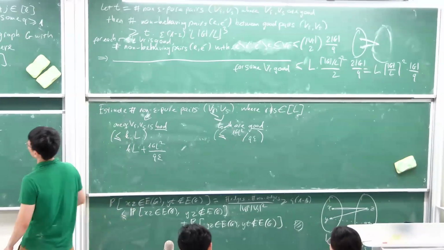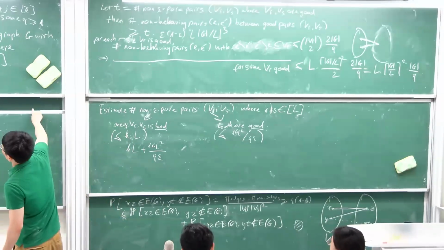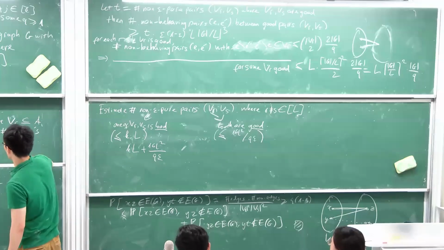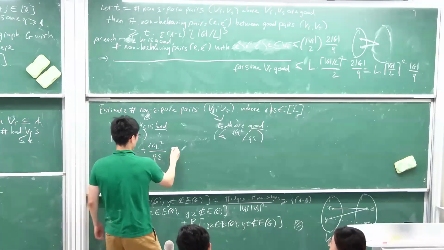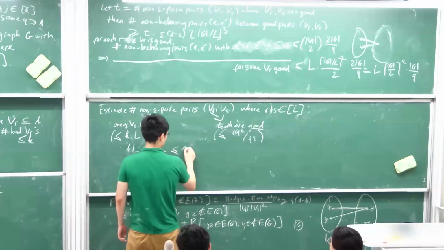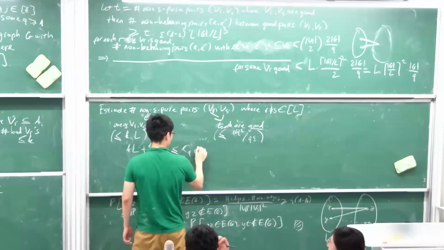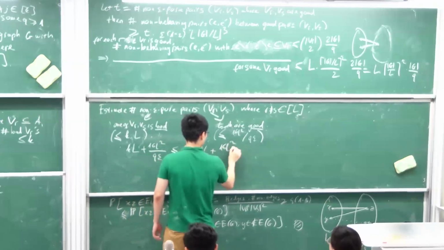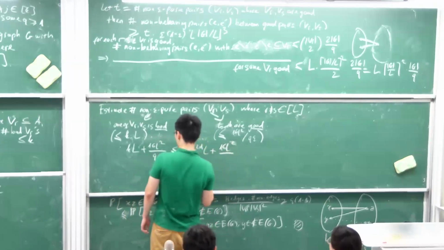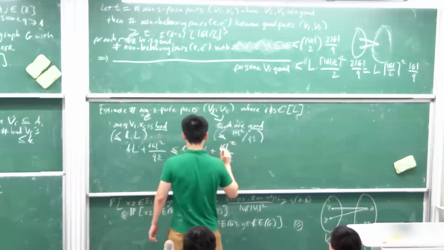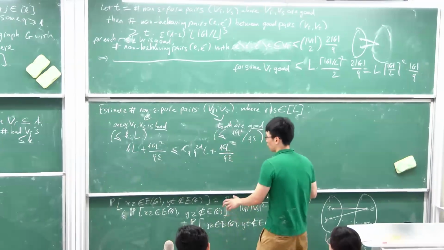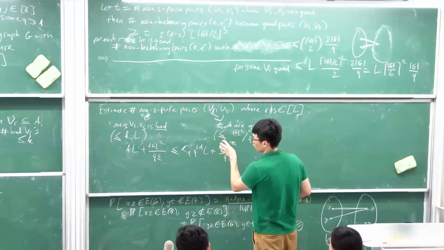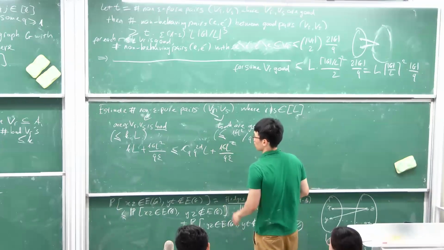And as I said, A is at most C_D times Q to the 2D times L plus 16 L squared divided by Q epsilon. And now, because we want to show that the number of non-epsilon-pure pairs is at most an epsilon fraction of all the pairs, right?